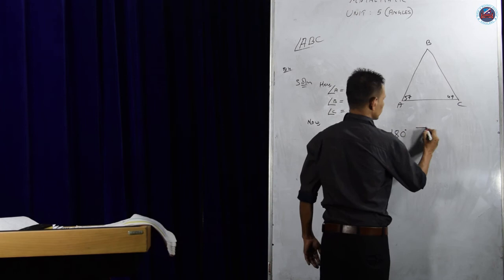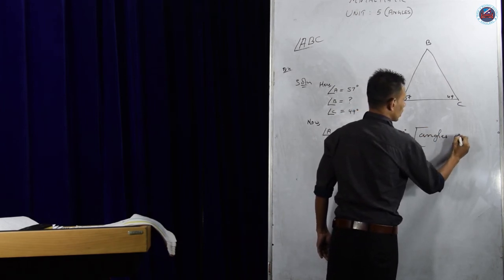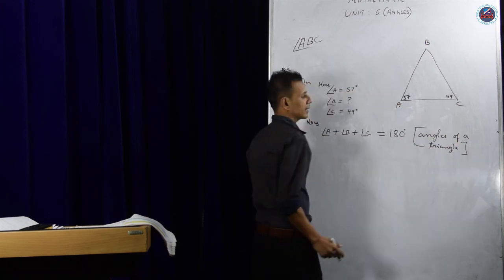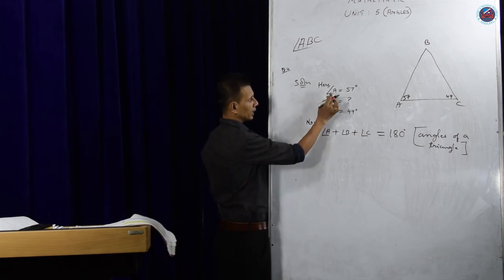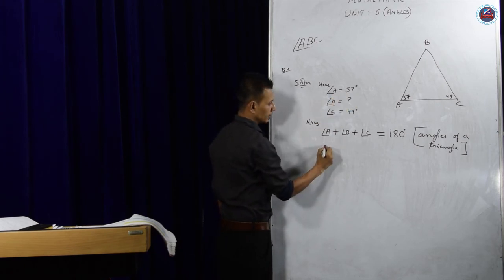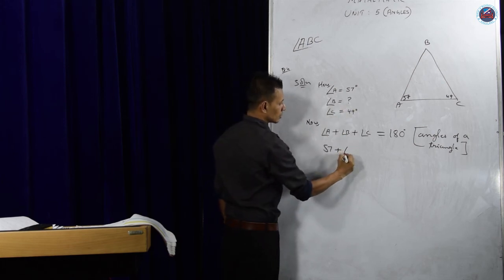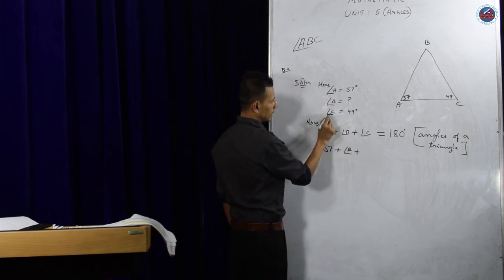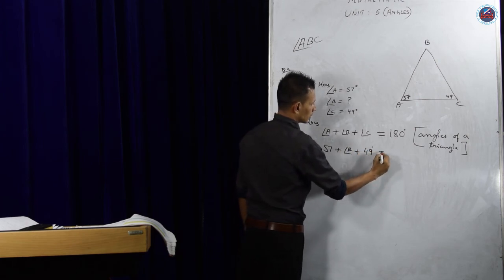Reason? Angles of a triangle. Now, in angle A's place I can write 57, plus angle B. Nothing is given, so I'll write angle B, plus angle C. In angle C's place I can write 49, equals 180 degrees.